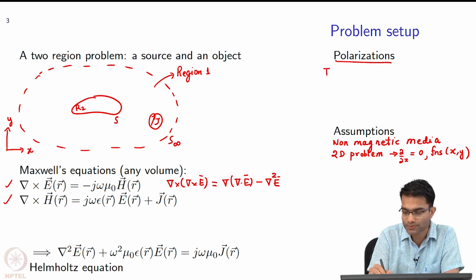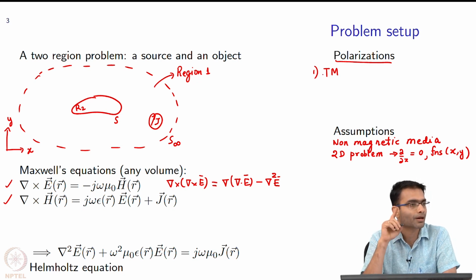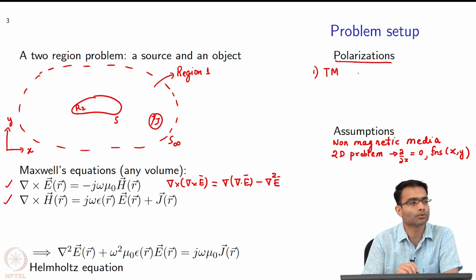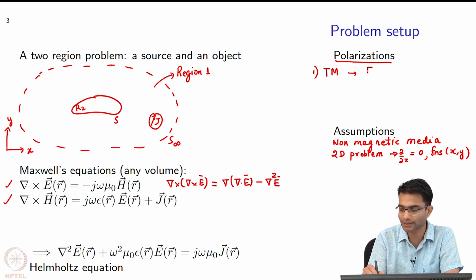So, there is transverse magnetic polarization. How do I characterize the fields in the case of transverse magnetic? Hz is 0, so Ez is non-zero. So we can say that this is characterized by Ez and what else?